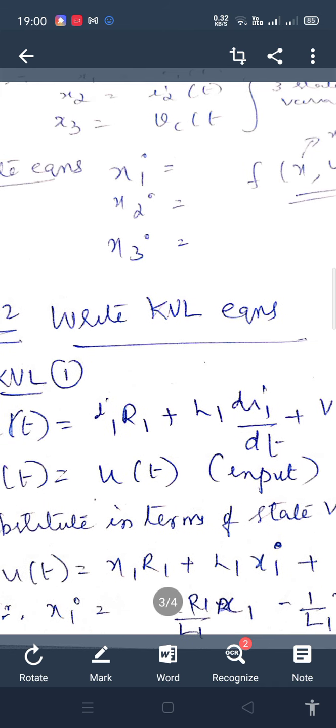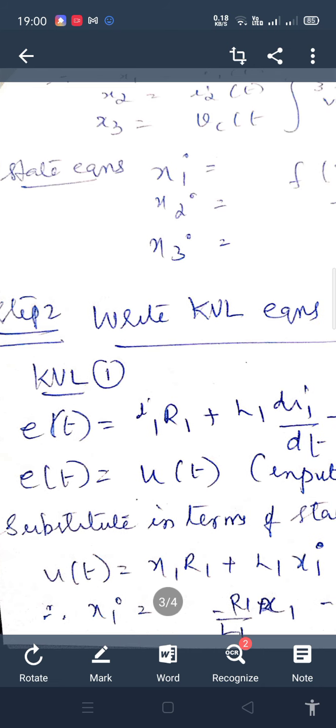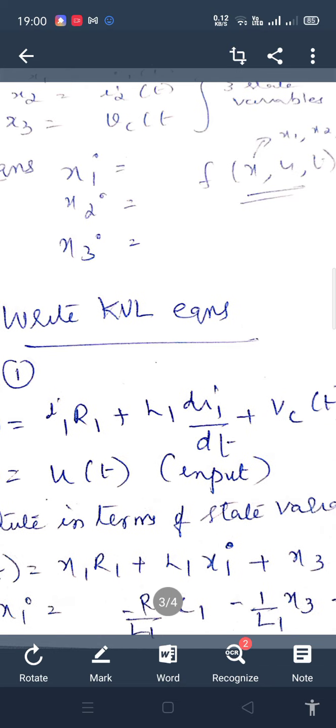Okay, we note that E of t is the input. Input is usually denoted by U of t. In state space modeling, we have specific variables to represent the input as well as the state variables. The state variables are usually represented by x1, x2, etc. Now I1 is the first state variable, therefore replace I1 by x1. di1 by dt will be x1 dot.